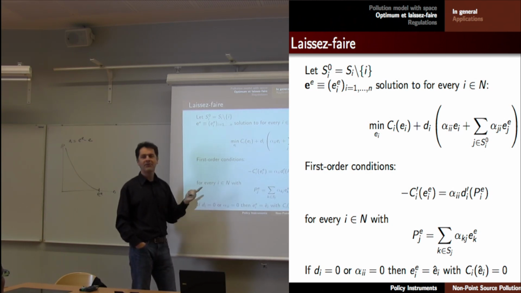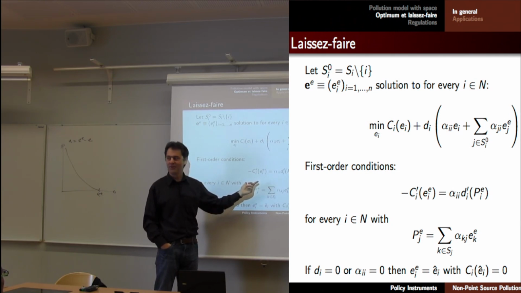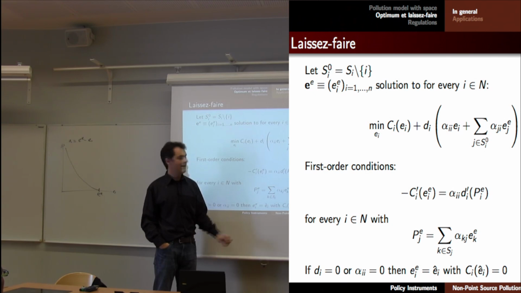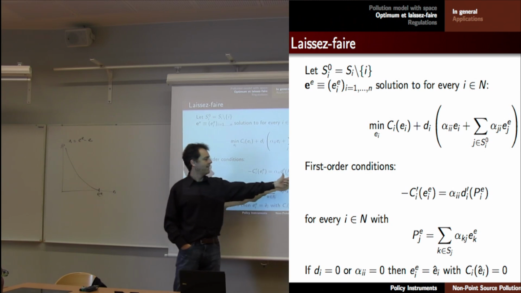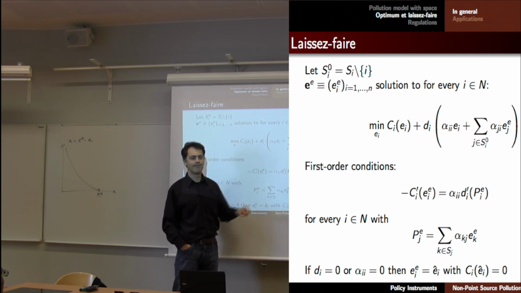So what is the interpretation of this first order condition? You equalize what? This is a question. Marginal abatement cost on this side. And this is marginal damage, taking into account this transfer coefficient.